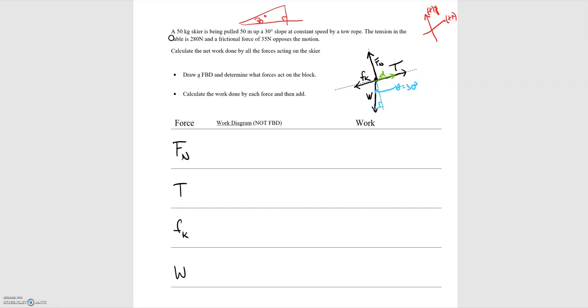So starting with the normal force, we have a normal force in the positive y direction. We have a displacement in the positive x direction. So those two are going to be perpendicular to each other. So we have F sub n. We have d.